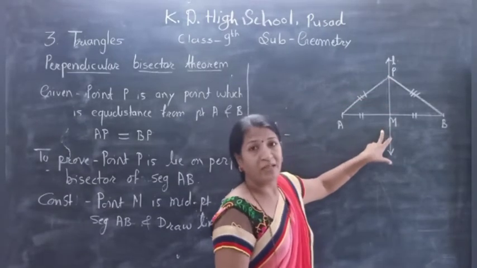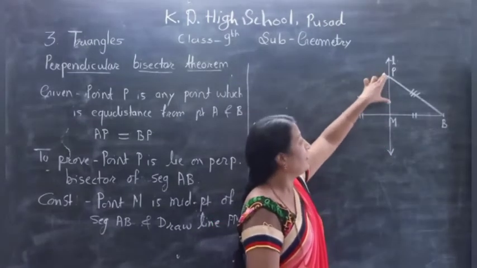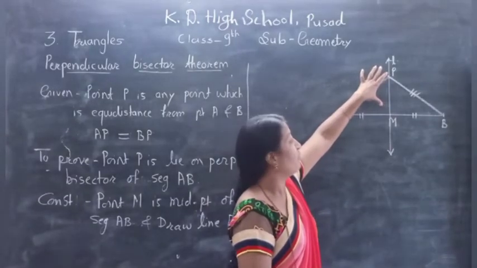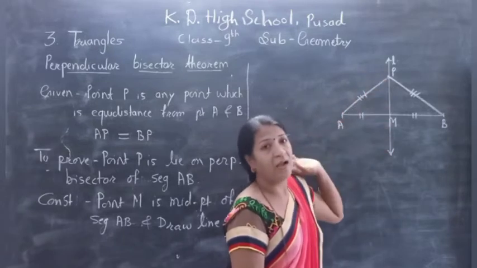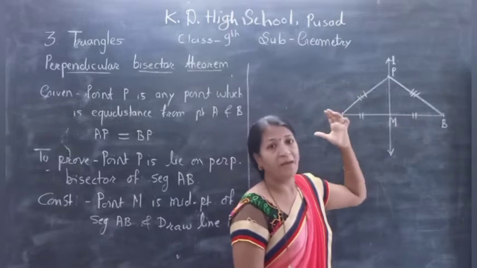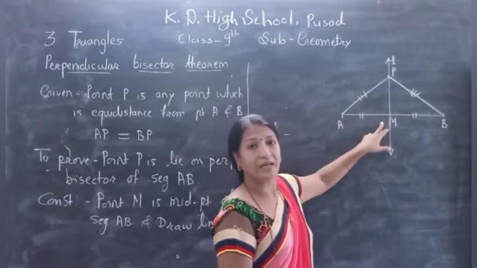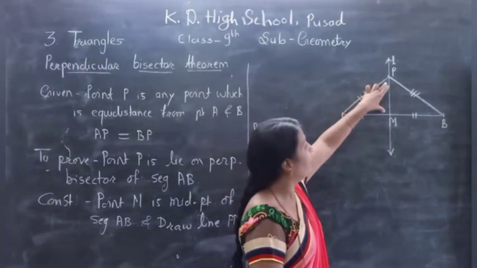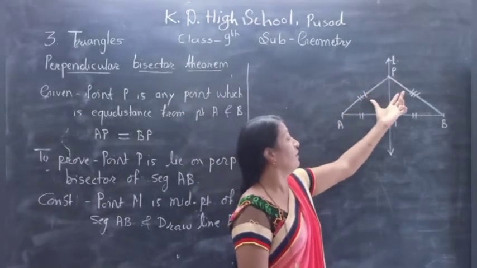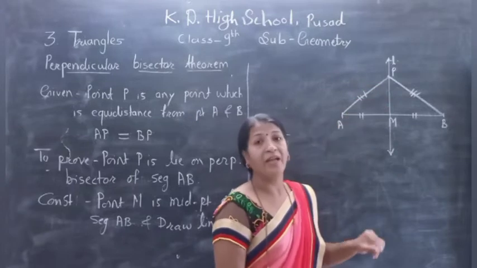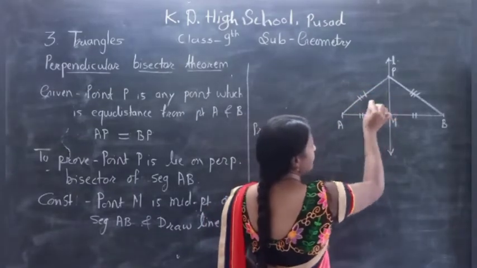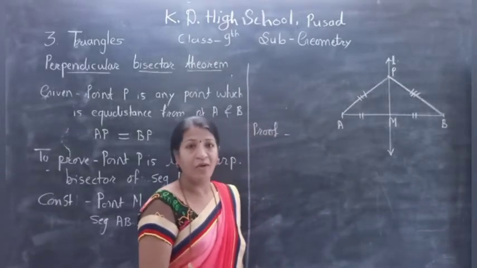We had taken M as the midpoint, and line L is the line passing through points P and M. So we get segment AM congruent to segment BM. That is our second statement. And we observe in the figure that PM is the common side of both triangles. What is PM of these two triangles? It is the common side. Therefore, by SSS test, these two triangles are congruent.